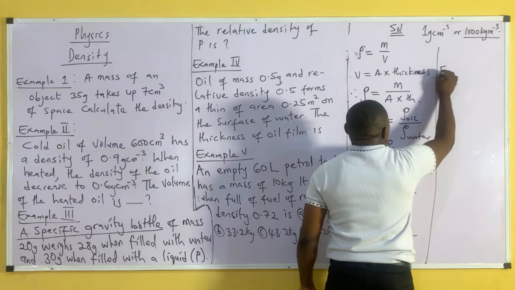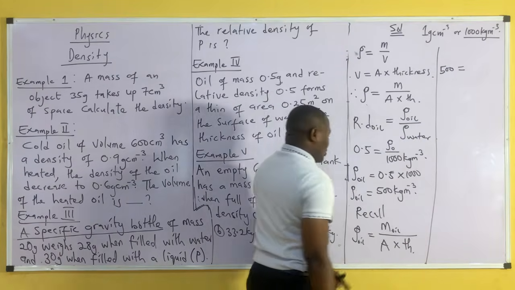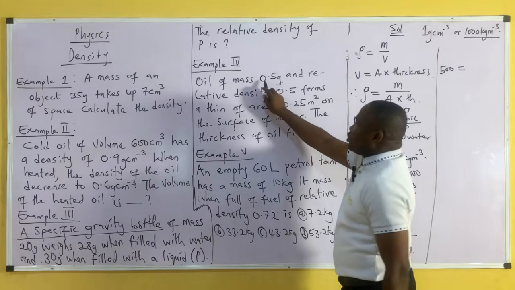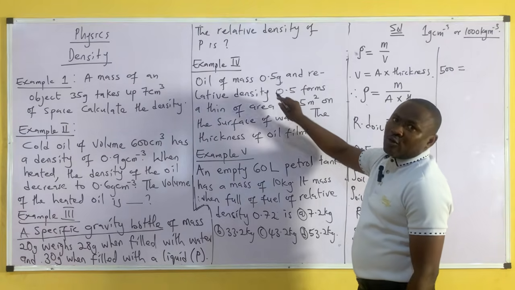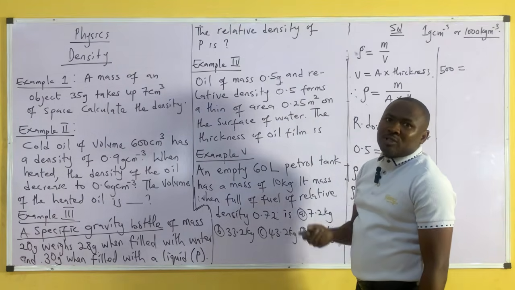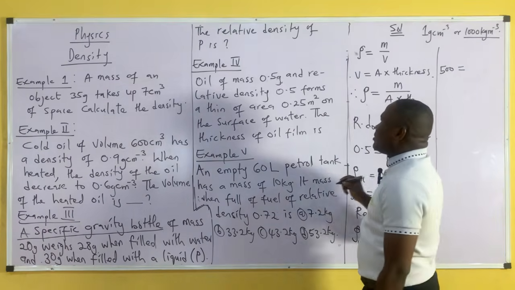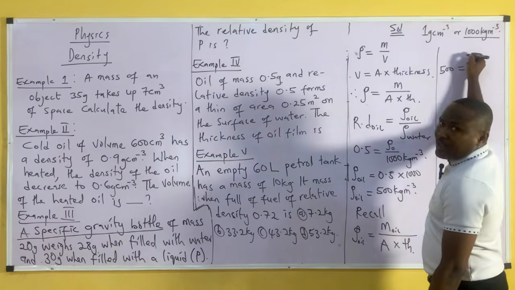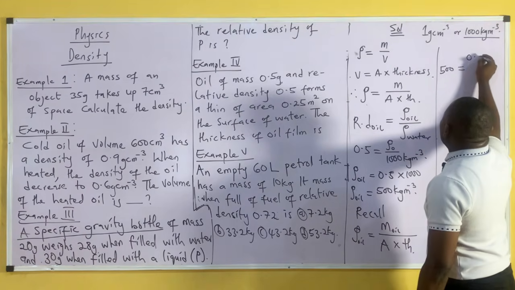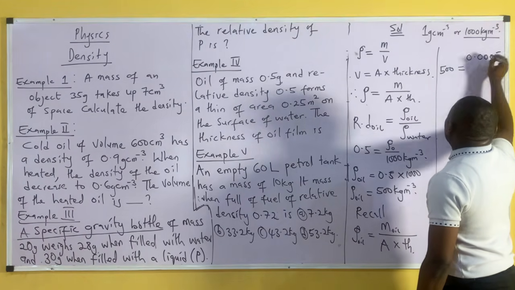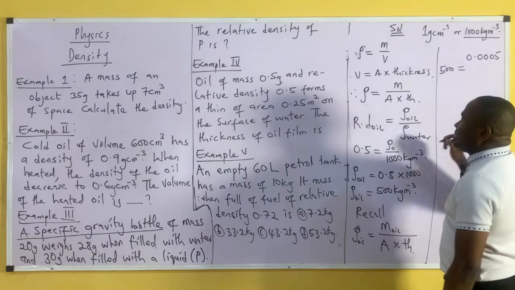So it becomes 500 is equal to, what is the mass of oil? It was 0.5. Convert it to kilogram, which means we divide by 1,000. So I have 0.5 divided by 1,000. It becomes 0.0005. That becomes the answer to this.